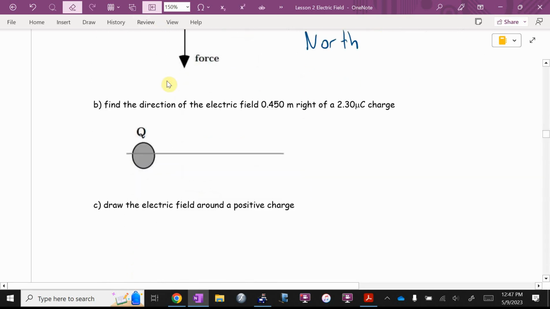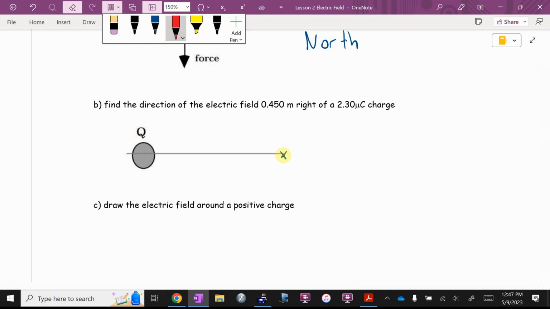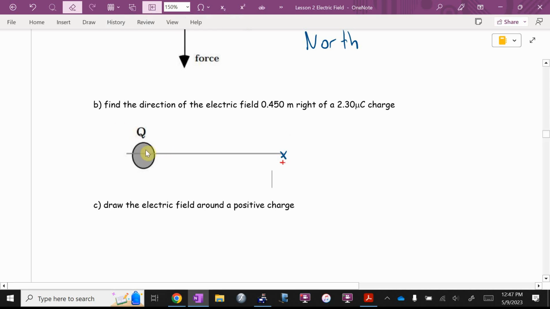B, now I've given you the picture. So we are to the right, we're sitting right there. The charge that's sitting right there, we're not going to actually look at this. We're going to imagine a tiny, tiny, tiny little positive right there. What's the charge on big Q? The question told me.